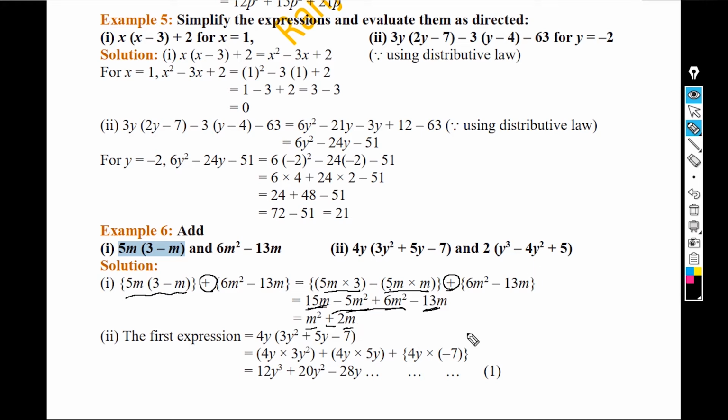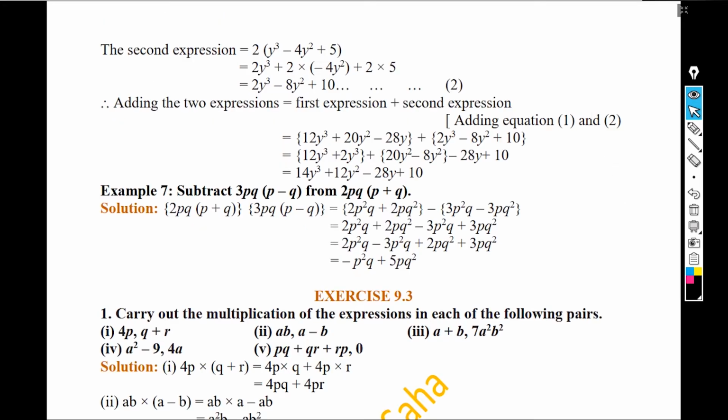Similarly, student, you can solve this part also. Its second part, it is also very easy. Now students, we can move for the next part, that is example number 7.